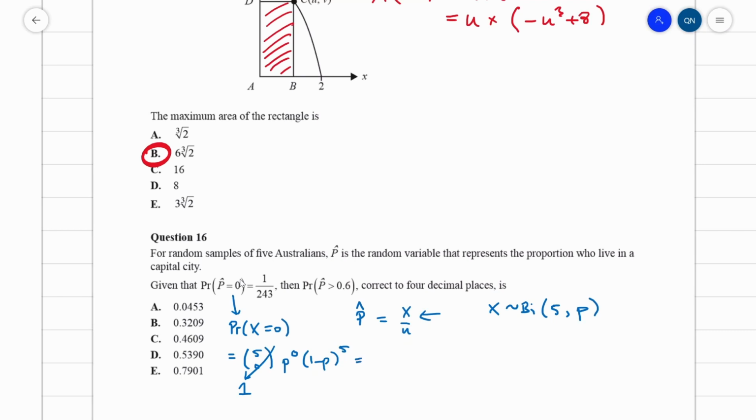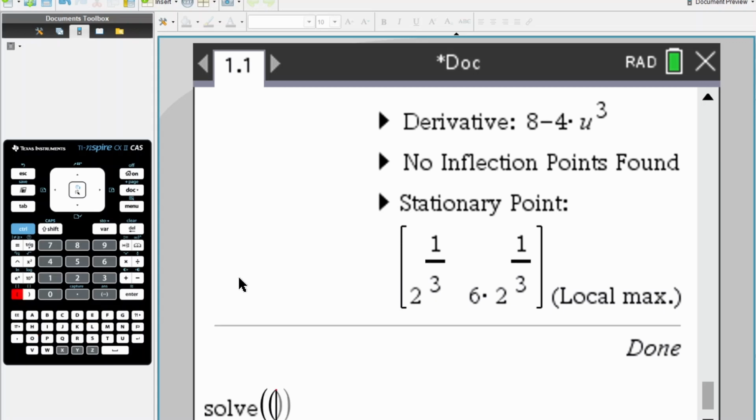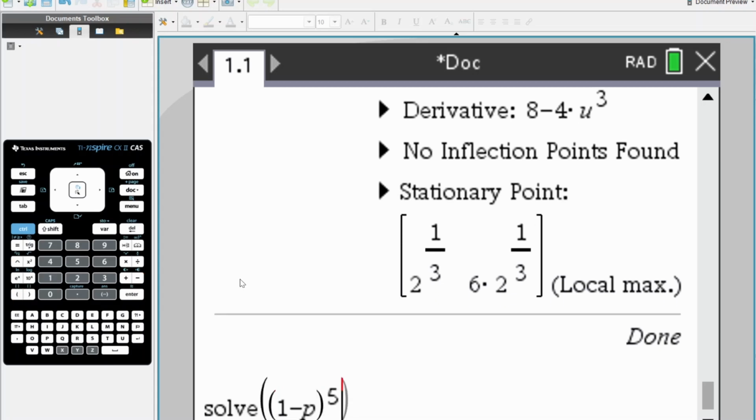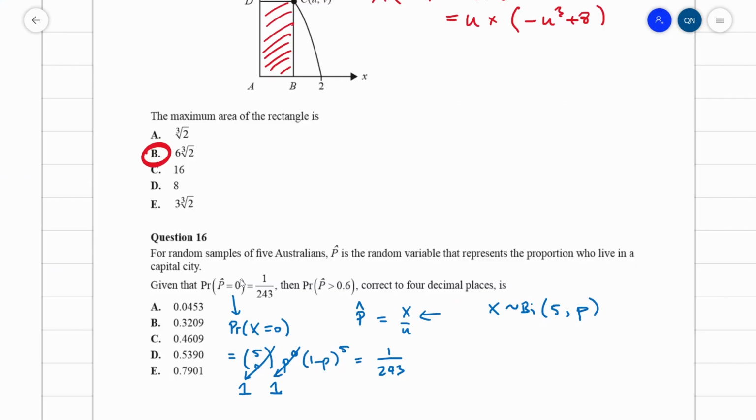And we want this to be equal to 1 over 243. P to the 0 is 1, so we're just left to solve this equation for p, which shouldn't be too bad. So I'll solve 1 minus p raised to the 5 equals 1 divided by 243 with respect to p. P is 2/3.